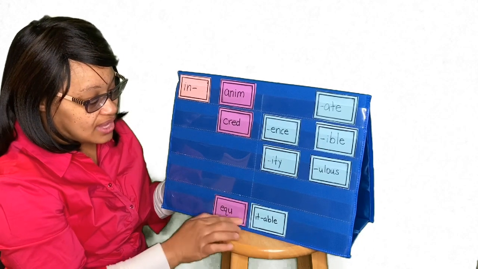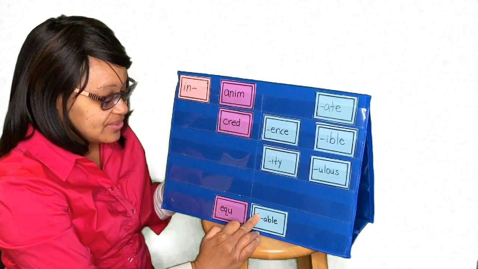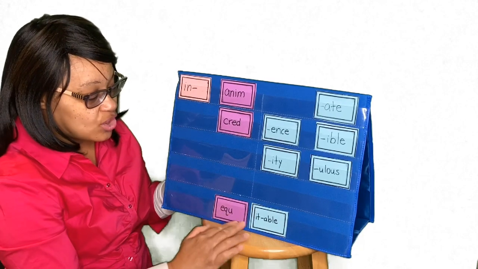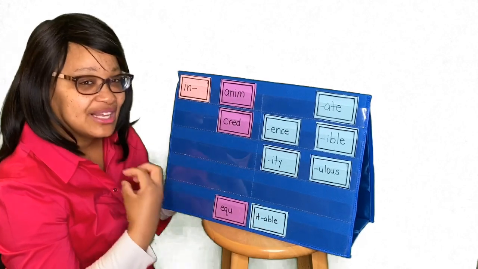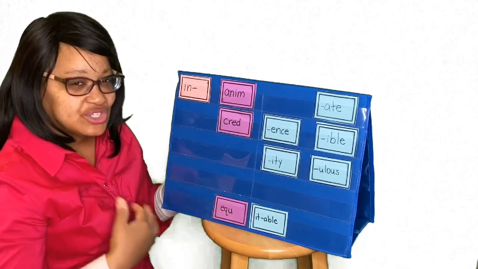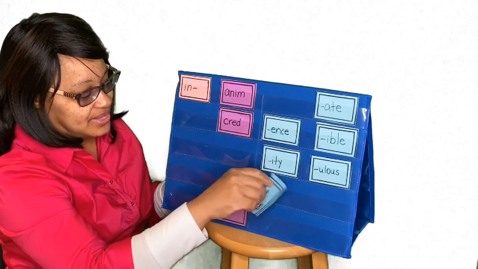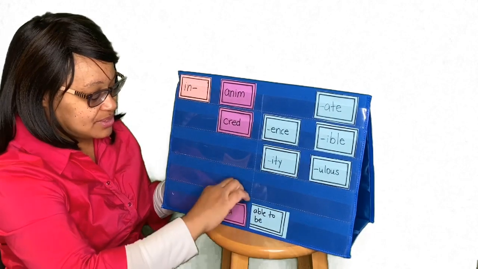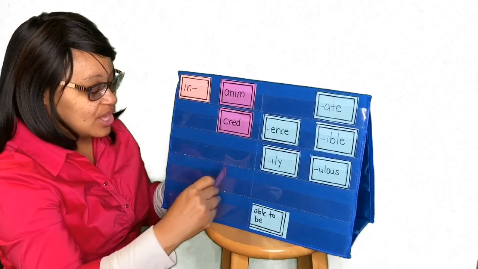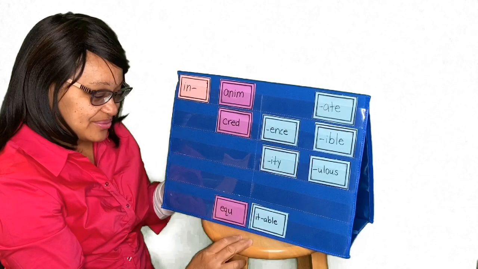So equable would not come out so smooth in articulation. Equable. So if we put equitable, then it comes out smoother and it sounds much better. It gives language a nice rhythm. So equitable. And equitable is able to be equal or fair. So if something is equitable, then it is able to be equal or fair.